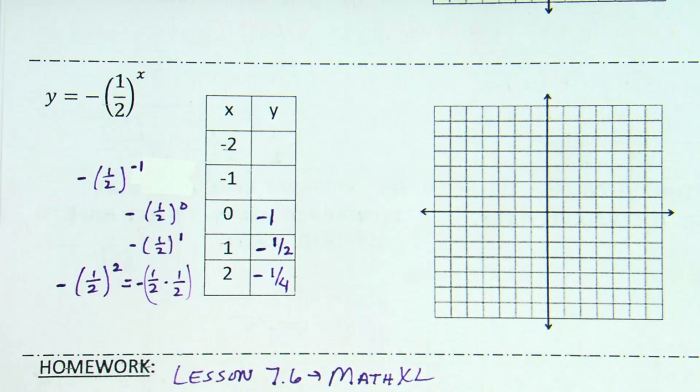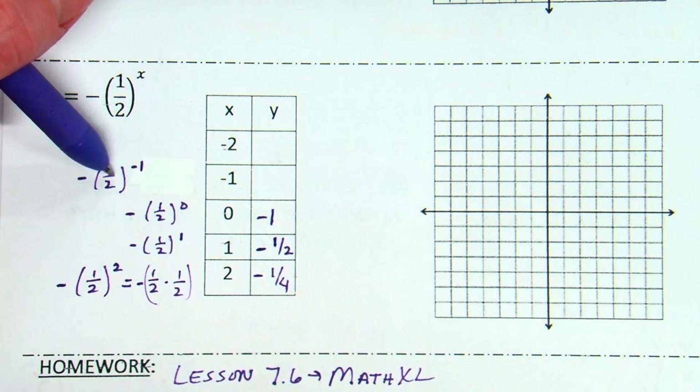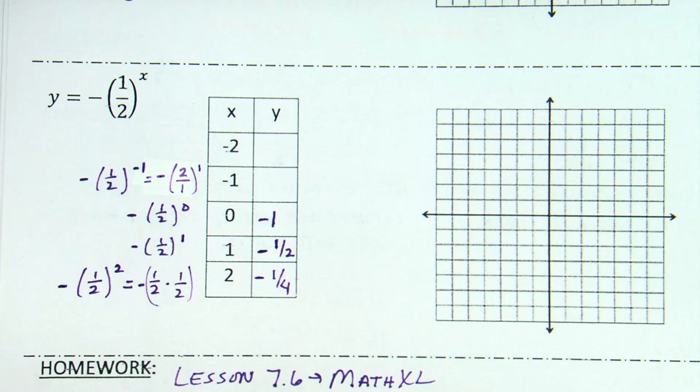So how do we deal with the negative exponent? Well, the negative exponent here, you take it to the bottom, right? Now, since this is already a fraction, the easiest thing to do is to just flip it upside down. So that means it's still going to be negative out front, but now it's going to be, instead of 1/2, 2/1. And now instead of having a negative exponent, it's a positive exponent.